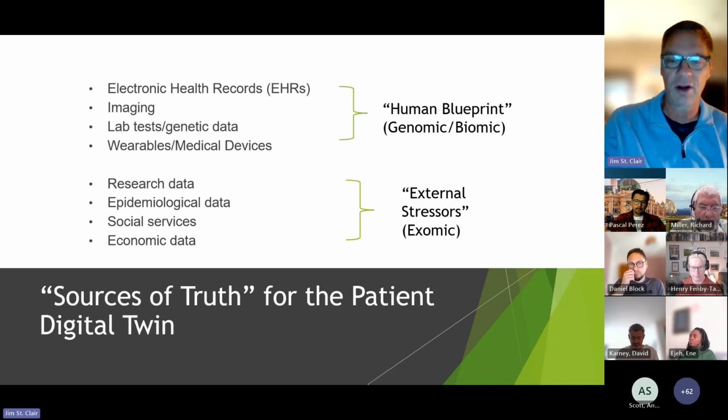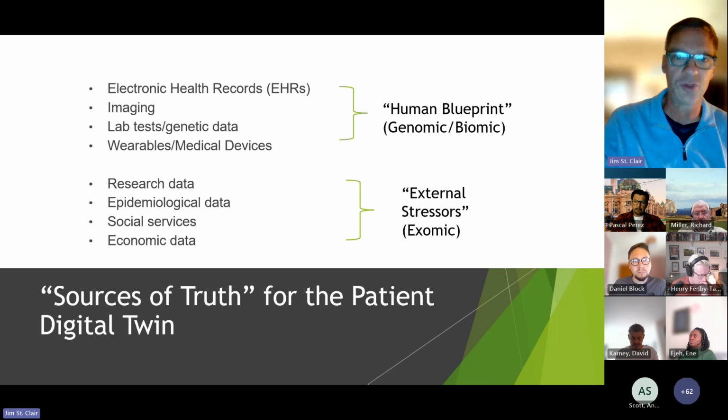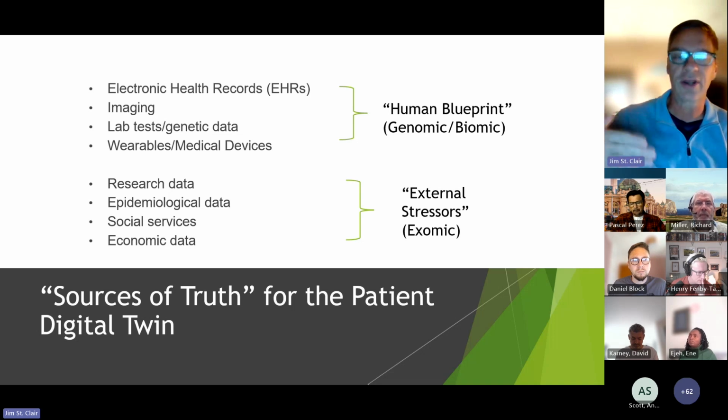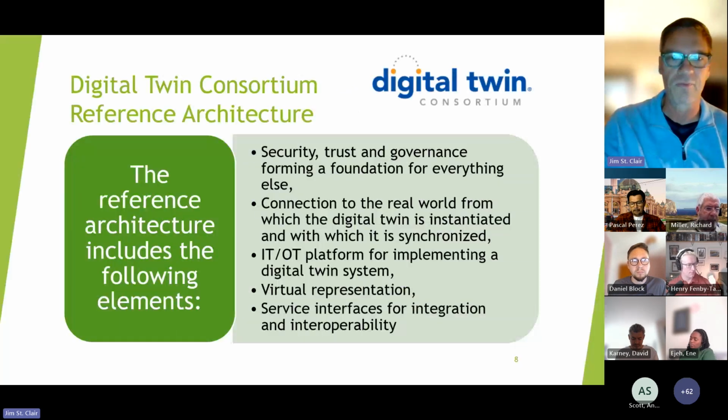And then there are other exomic forces or external forces beyond the information about you and your body, such as research, epidemiological data, social services, that form part of that exomic information that can influence what the digital twin does when you subject it to human forces or different medications, trying to gauge the reaction of medication protocols to diseases, etc.